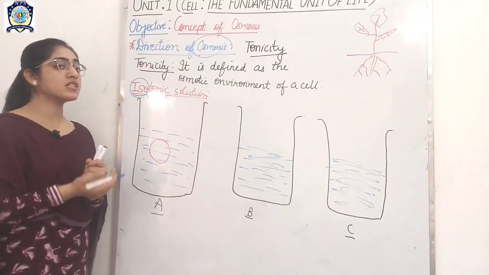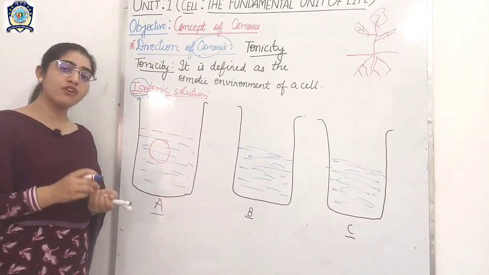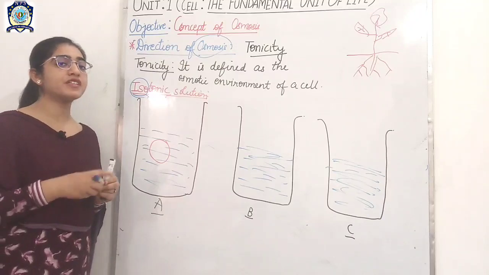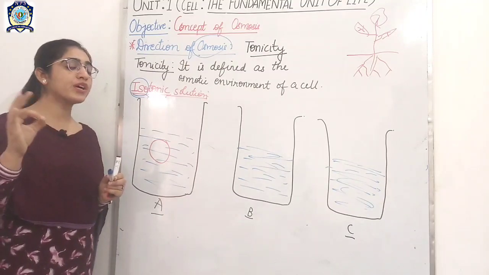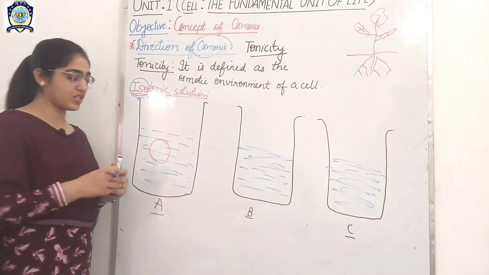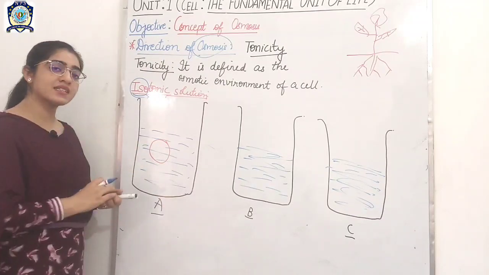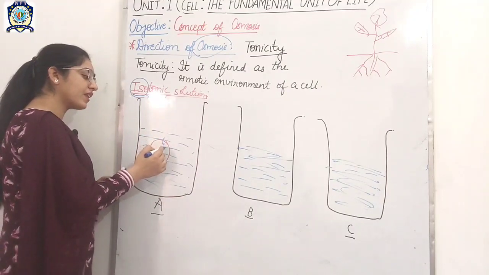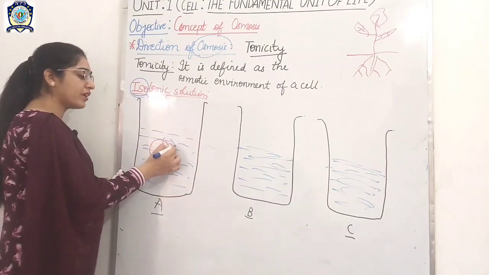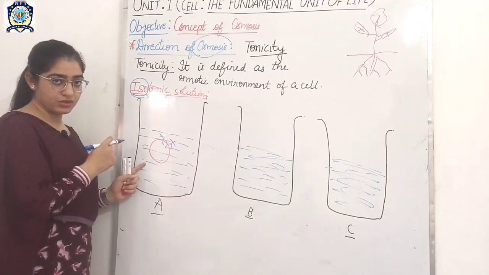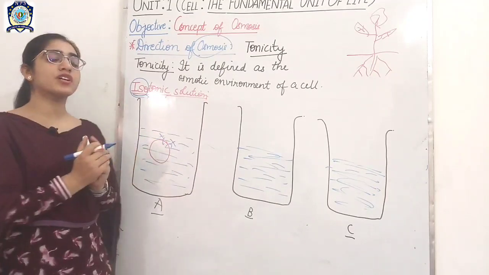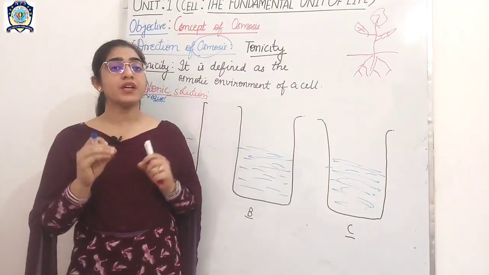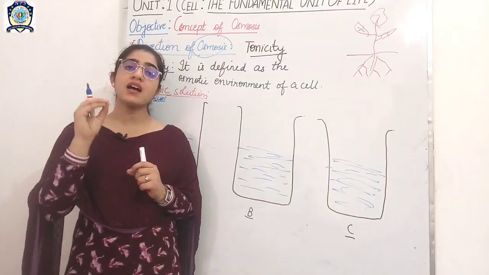We know osmosis is the process of movement of water molecules from a region of its higher concentration to a region of its lower concentration. So in the first case, the concentration is the same, so there will be no movement of water molecules. If there is no movement of water molecules, then in that case there will be no change in the size of the cell.